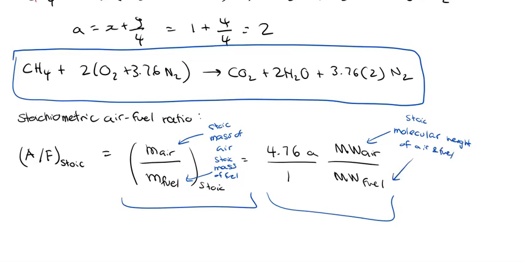So that's what makes this a little bit different. This A value that you see here is the same A value we calculated in our equation, so that would be x plus y over 4.